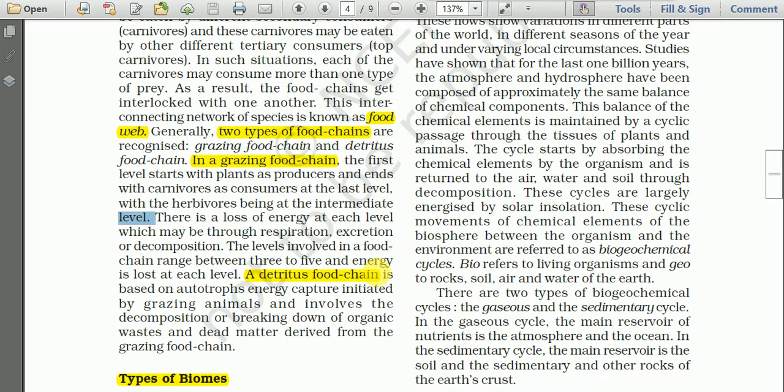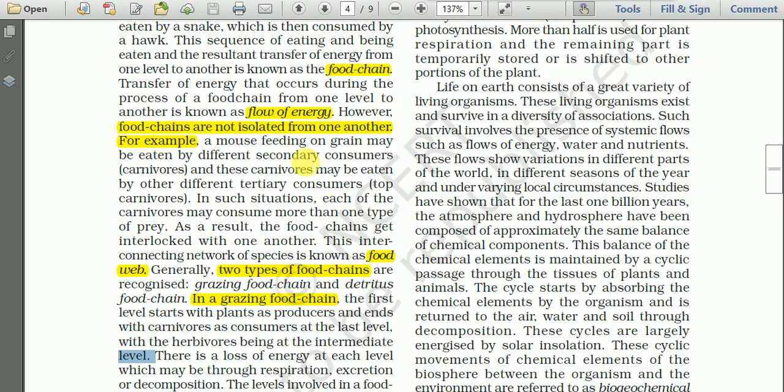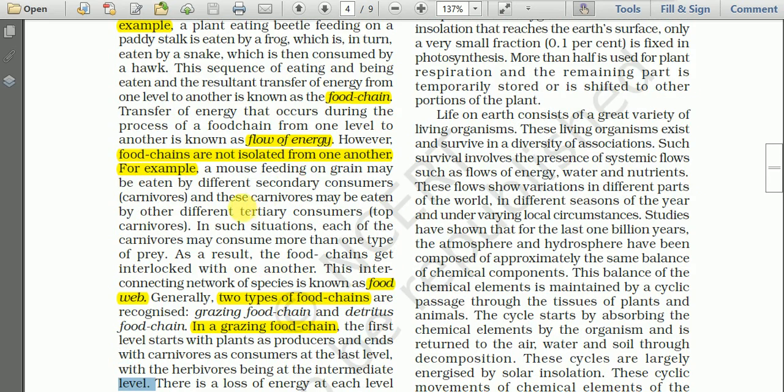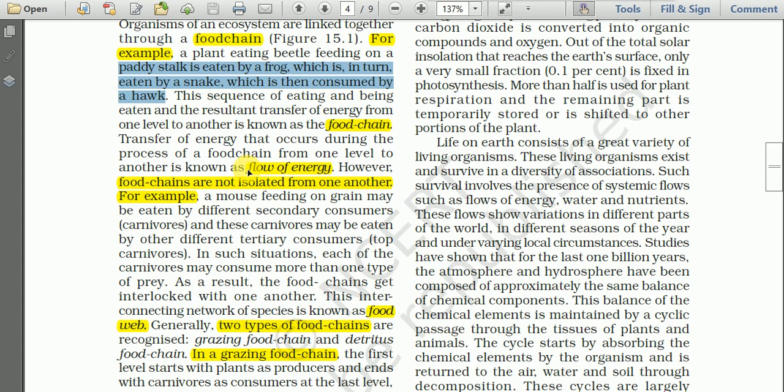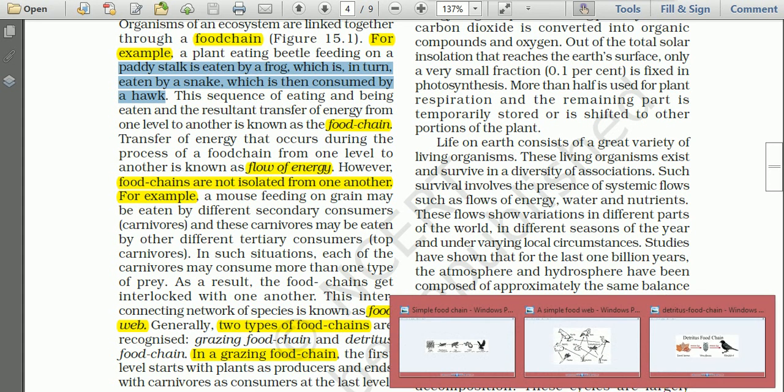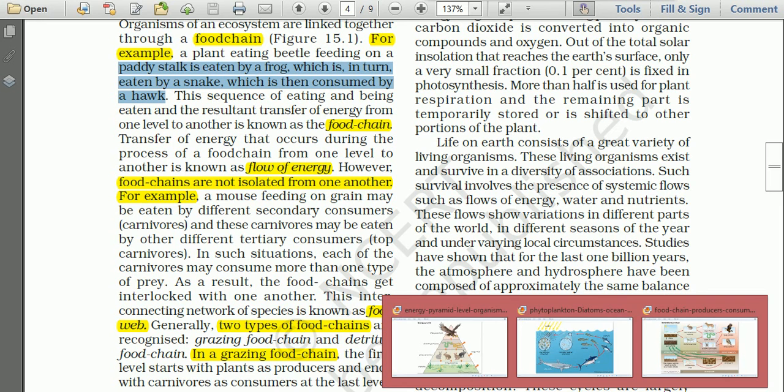We may also give another example, as we just discussed earlier. This is another one, and see here, frog, then a snake and hawk. Another example we can give from here also.